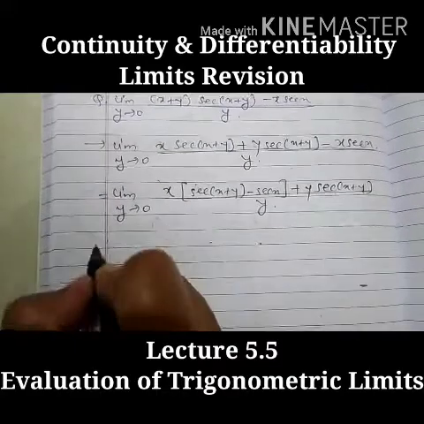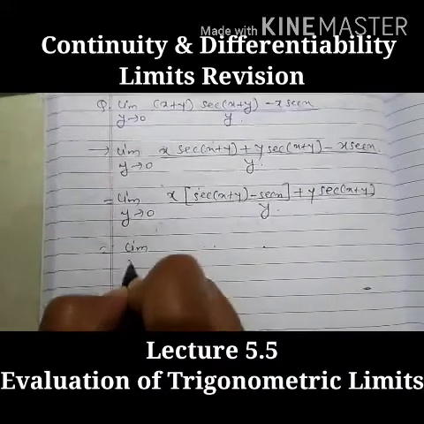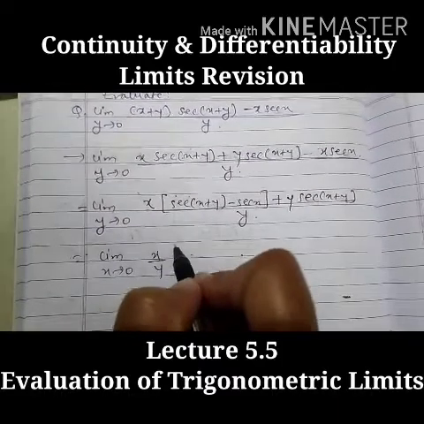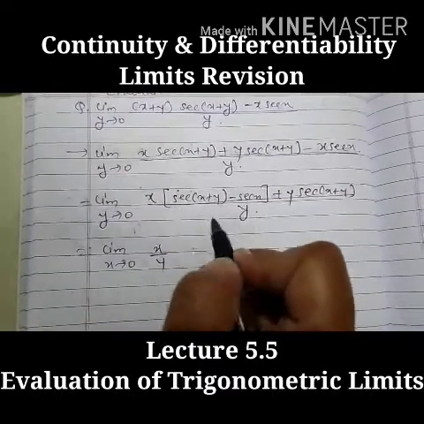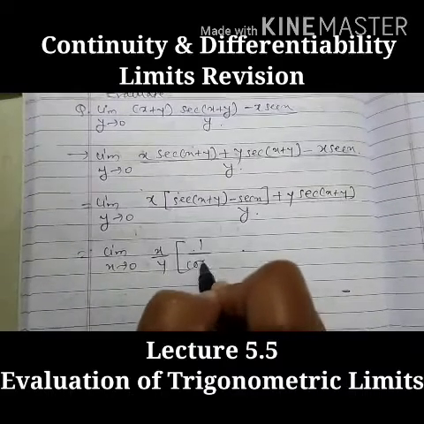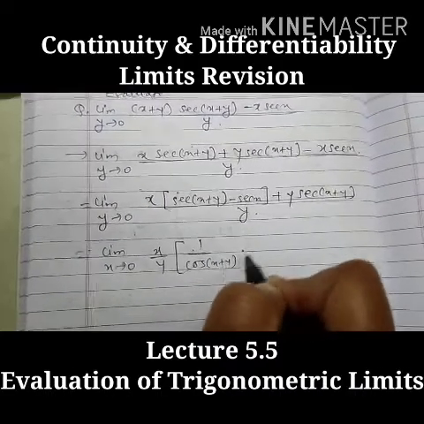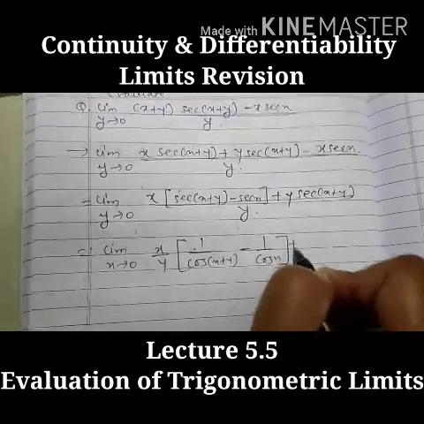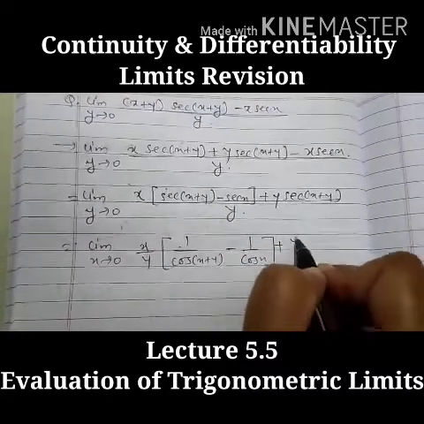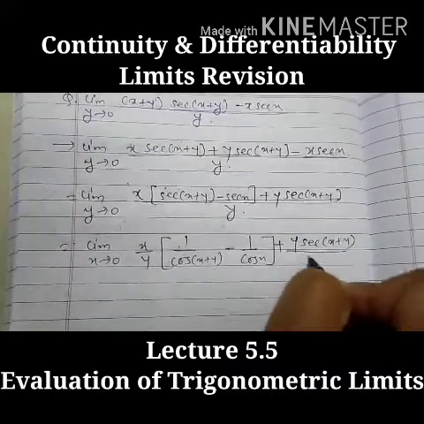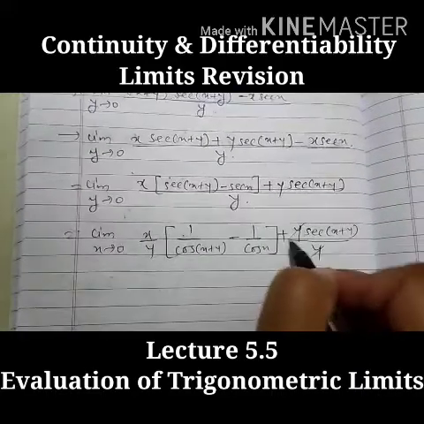Now we'll separate the terms. Limit as y tends to 0, x upon y. Now here sec of x plus y is 1 upon cos of x plus y, so it will be 1 upon cos of x plus y minus 1 upon cos x, plus y sec of x plus y upon y, so that y will get cancelled.